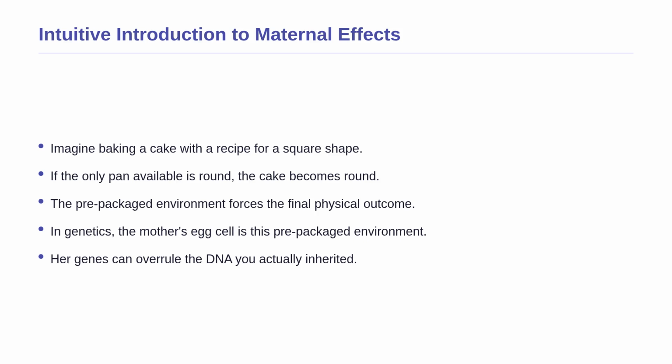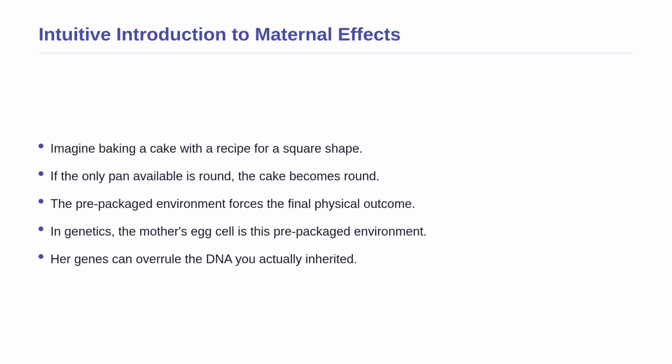Before we look at snails, let us build some intuition. Imagine you are baking a cake, and you have a recipe that specifically calls for a square shape. However, the person who prepared the kitchen before you arrived only left you a round baking pan. No matter what your recipe says, the moment you pour the batter into that pan, your cake is going to be round.